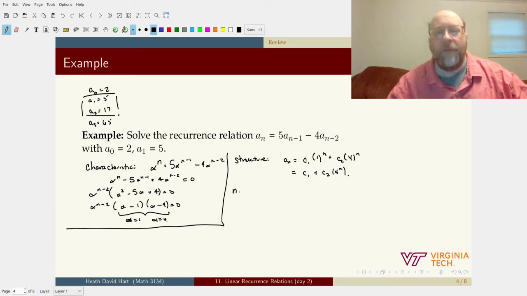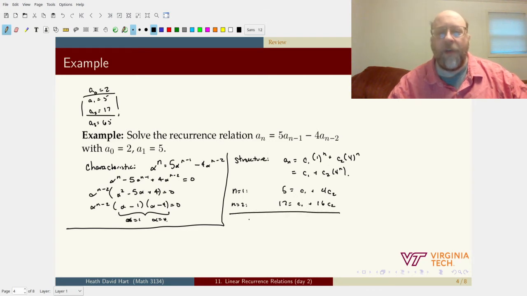When we use n equals 1, then 5 is equal to c1 plus 4c2. It's 4 to the 1 times c2. And when n equals 2, 17 is equal to c1 plus 4 squared is 16c2.